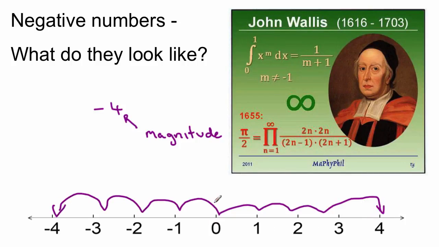So the size of 4 is the same. However, the negative gives an idea of direction. So if it's a negative number, it's moving towards the left, according to John Wallis, and we still use this today. And if it's positive, we're moving towards the right.